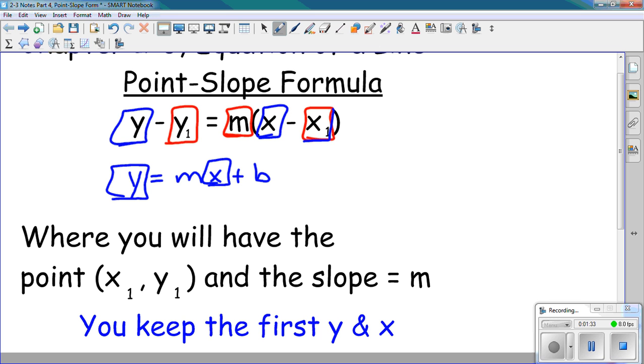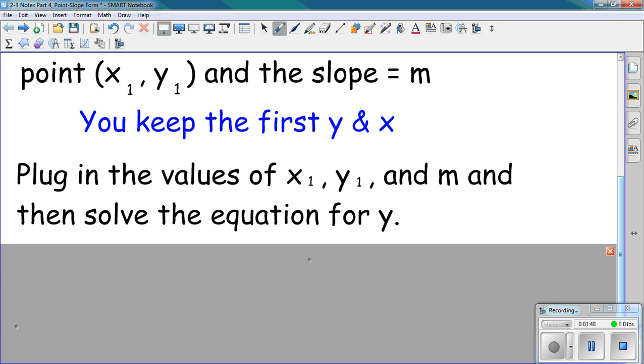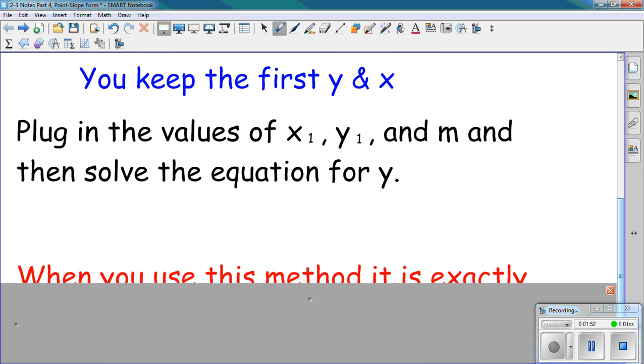So make sure you remember that. When we plug things in for point-slope form, we're just plugging in for y1 and x1, and we're solving for y. You keep the first y and the first x. You plug in values for x1, y1, and m, and then solve the equation for y, which is what we just talked about.